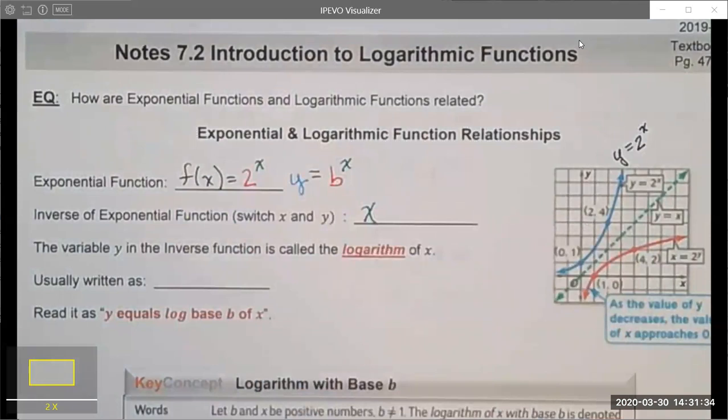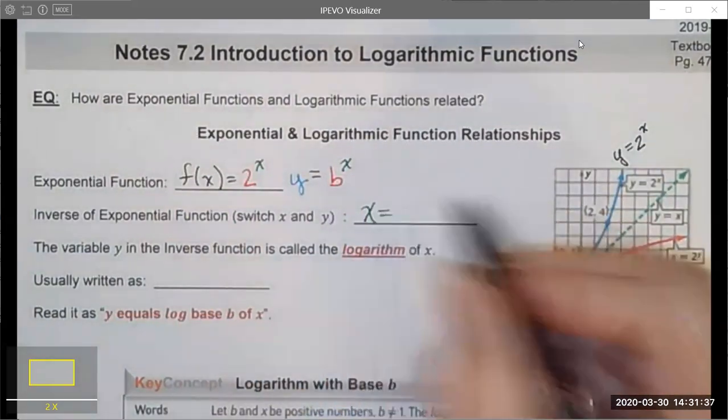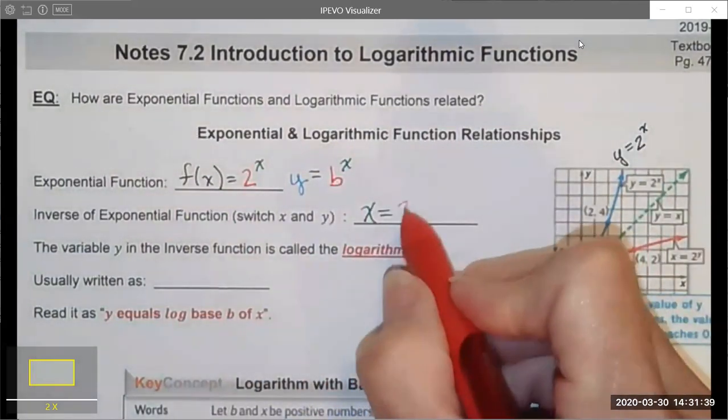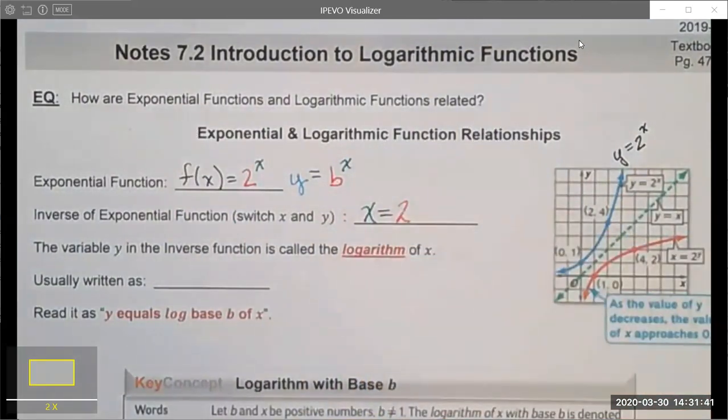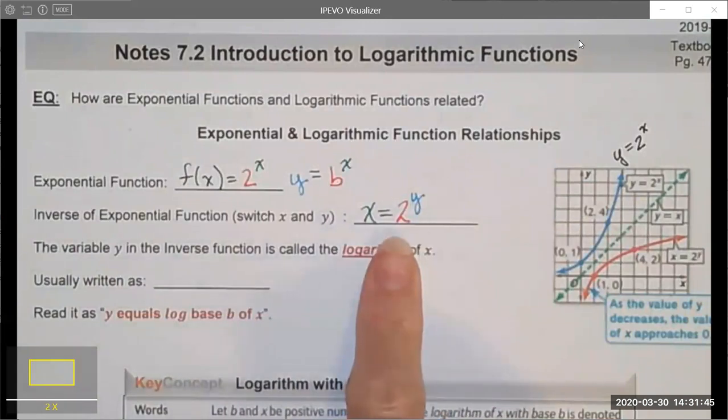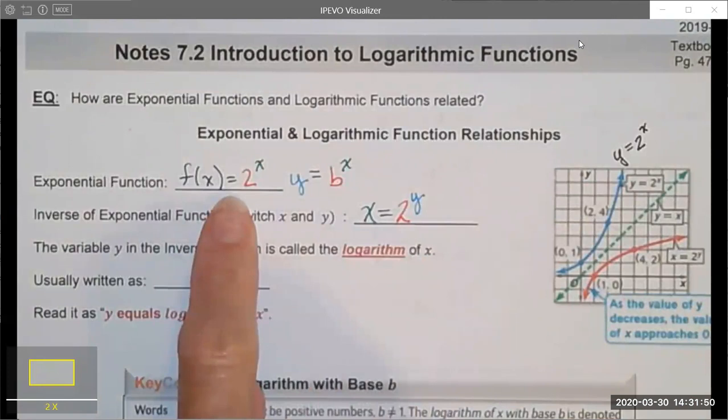My y value has switched to becoming an x value. My base does not change. And now my y appears as my exponent. So this function, x equals 2 to the y power, is the inverse of y equals 2 to the x power.